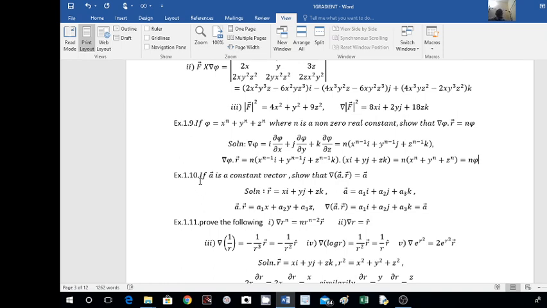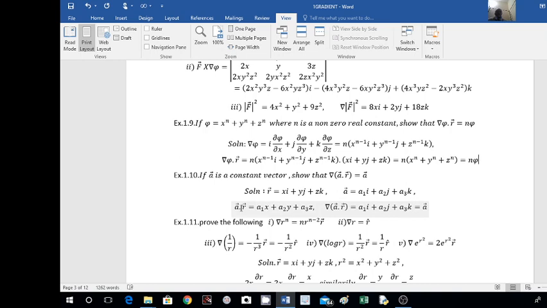Coming to the next example. If a is a constant vector, then show that del of a dot r is equal to a. Now here r is nothing but xi plus yj plus zk, and the constant vector a we write as a1 i plus a2 j plus a3 k.